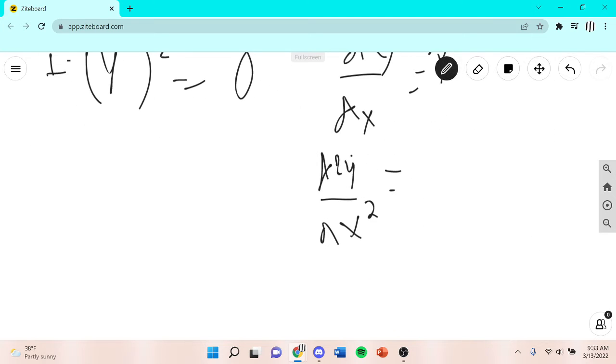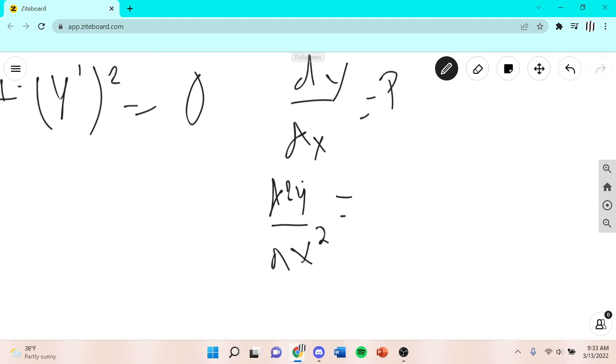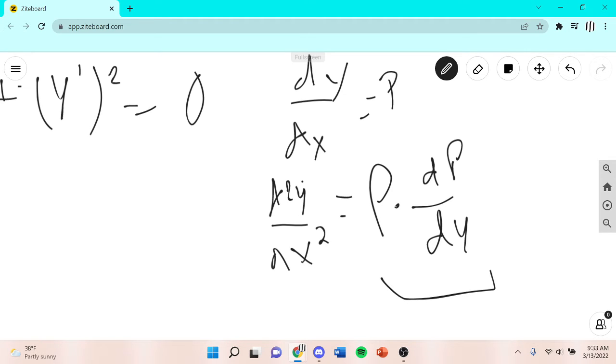So this is just going to be p times dp over dy. If you do some manipulation, you'll just get to this. I'm not going to explain it, but it's good to just remember that this is equal to the second derivative with respect to x.